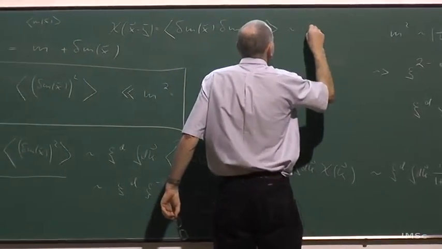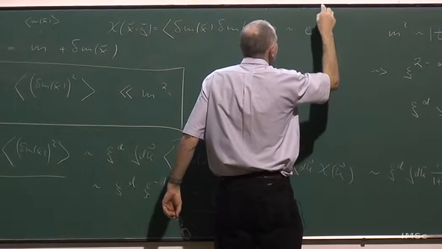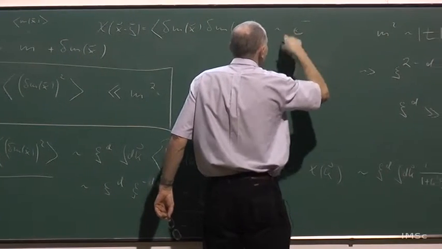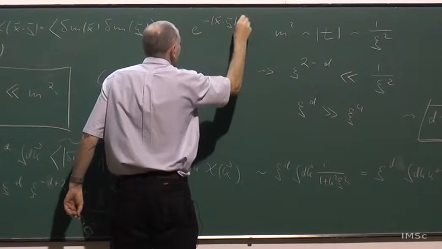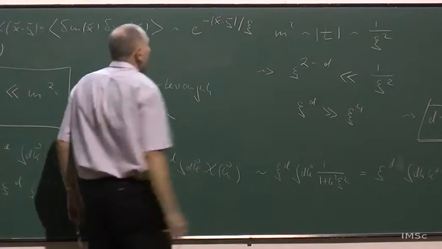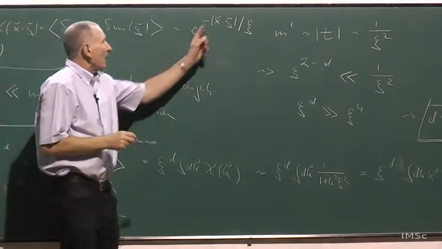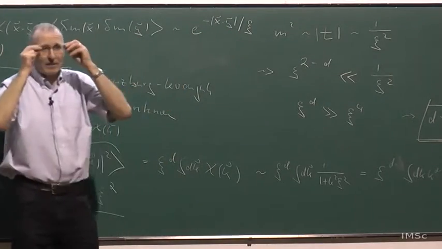It's a bit more complicated, there's a power law prefactor, but the important point for this discussion is that it goes like e to the minus distance |x minus y| over psi.